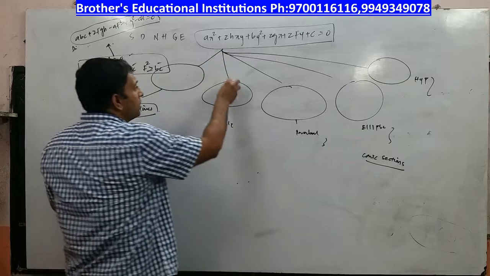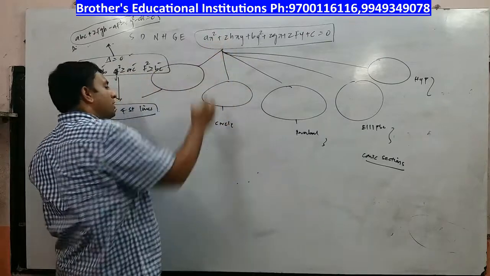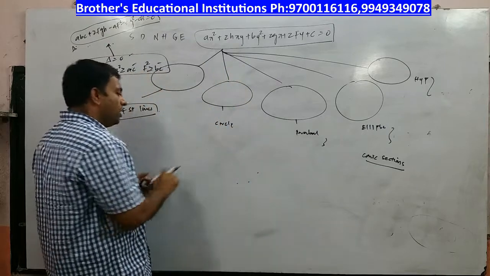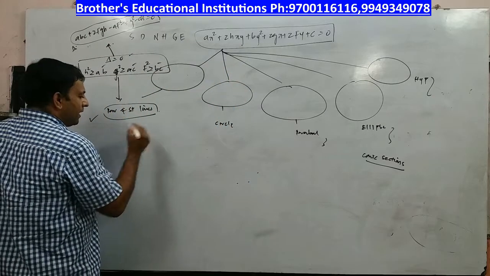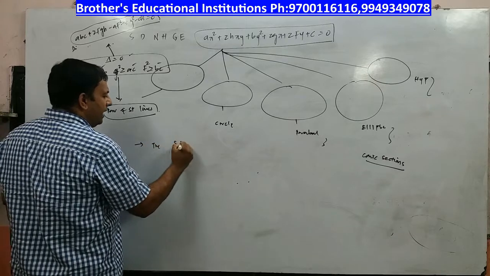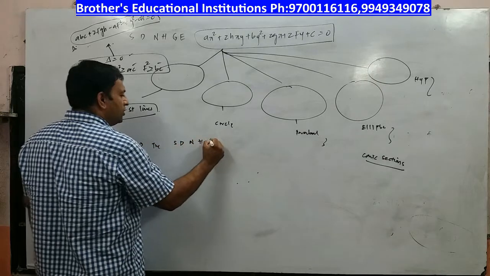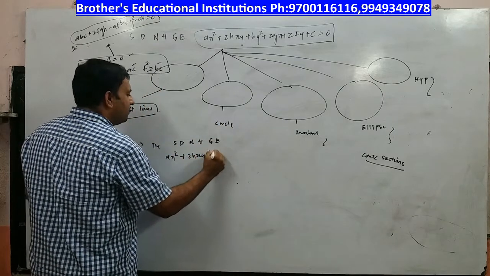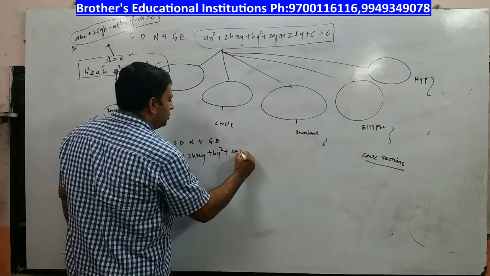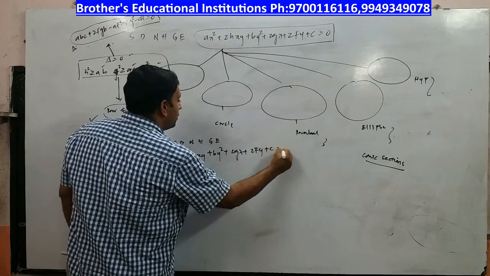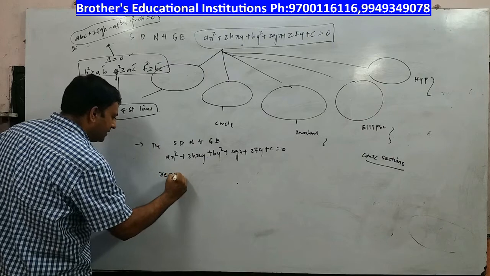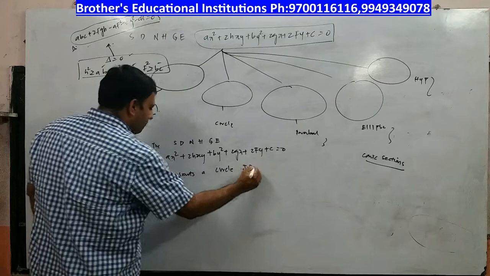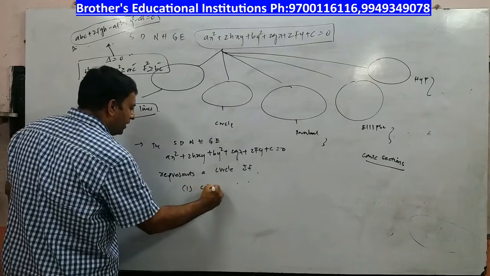Now what are those conditions we need to know so that this equation becomes equation of circle. Now let me tell you, the second degree non-homogeneous general equation ax square plus 2hxy plus by square plus 2gx plus 2fy plus c is equal to 0 represents a circle if, first condition, coefficient of x square.